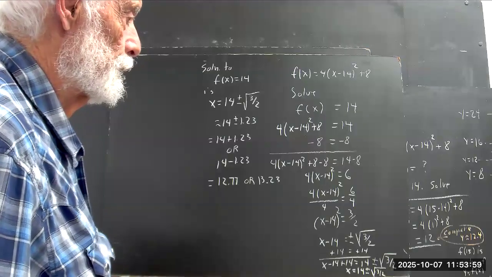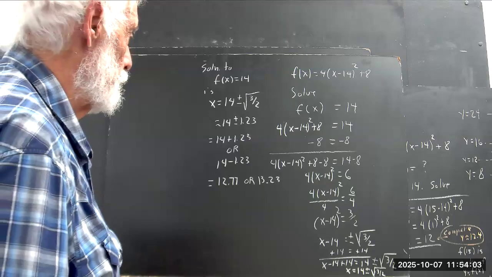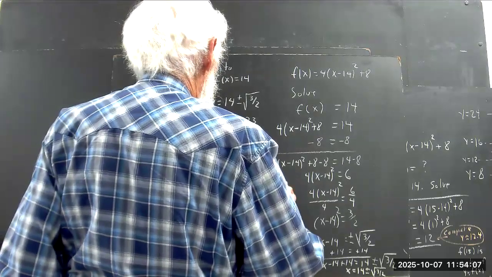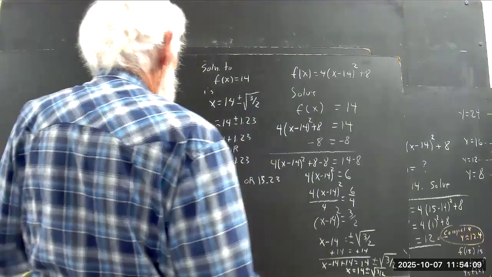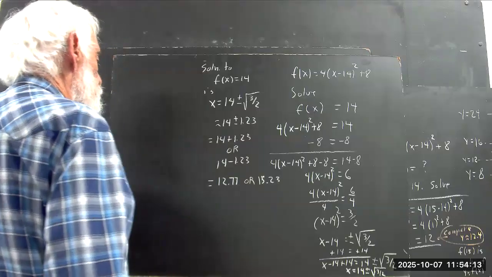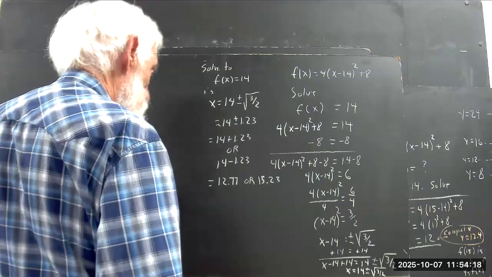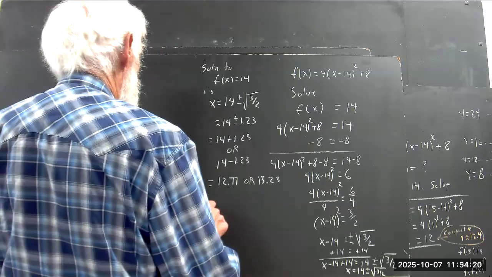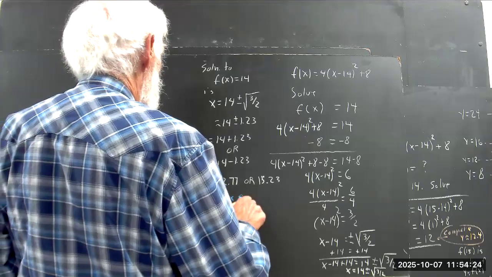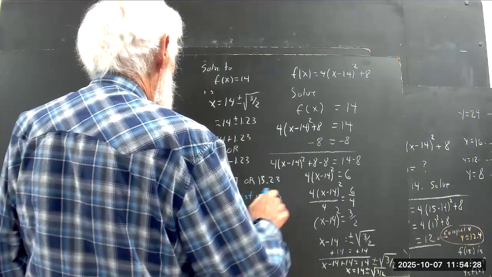Now my estimates were 12.7 and 15.3. Okay, now 14 plus 1.23 is 15.23. So I'm going to say, okay, well, let's just compare estimates.